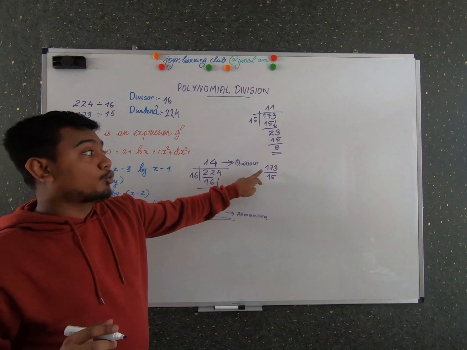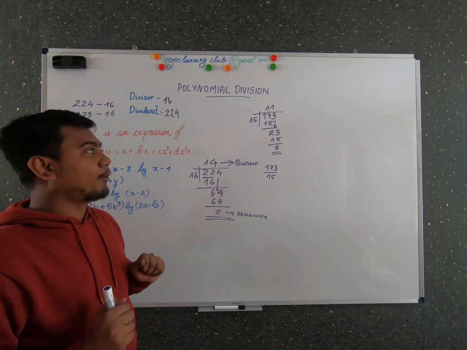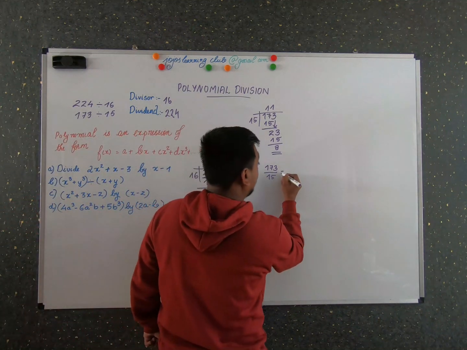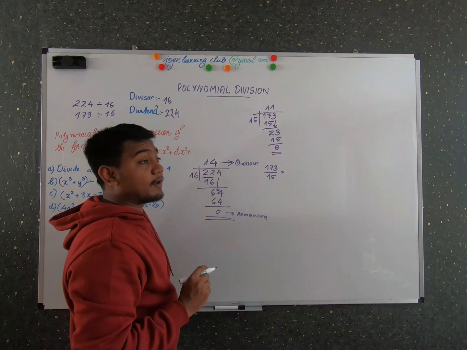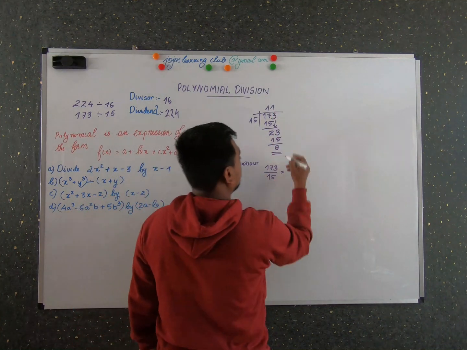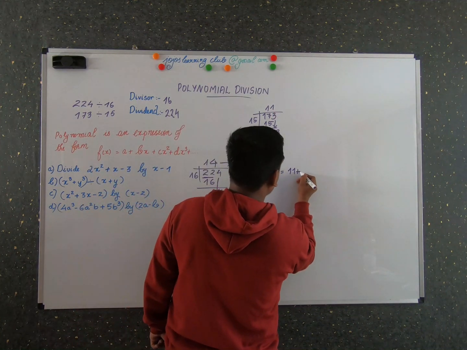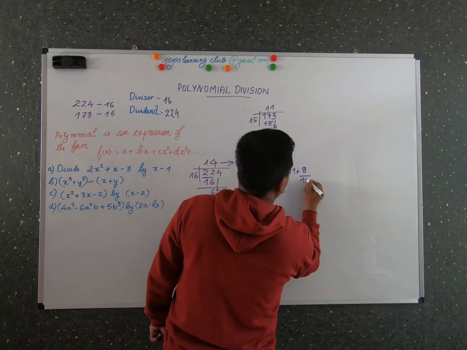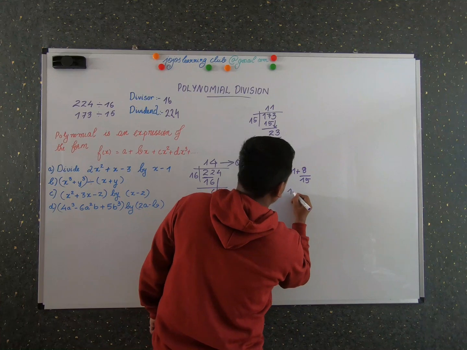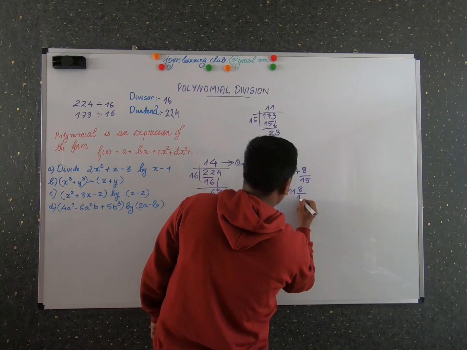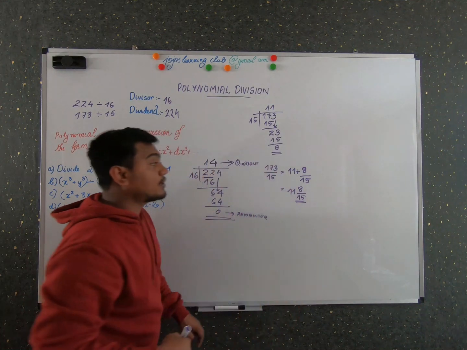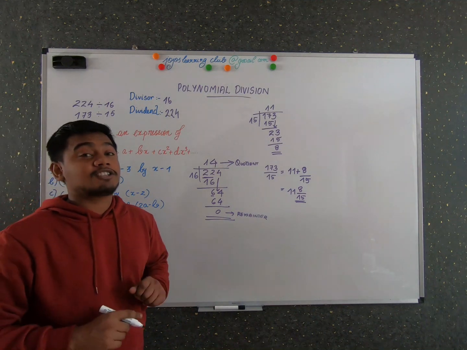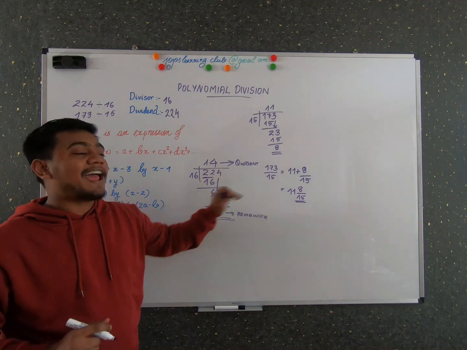Why? Because the numerator is greater than the denominator. So I can express improper fractions as the quotient plus the remainder divided by the divisor, or simply you can represent it as 11 8/15. So this is how you do long division with numbers and find the answer.